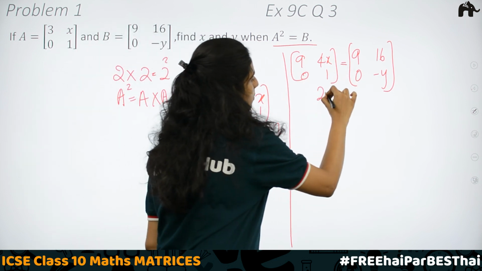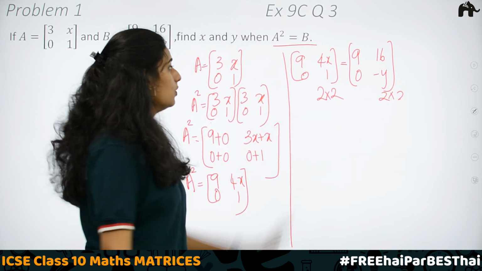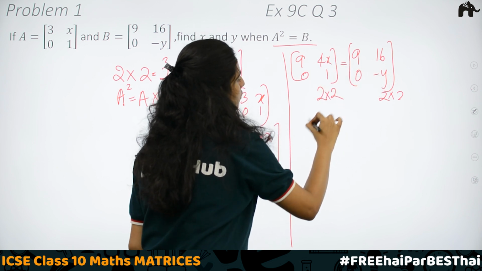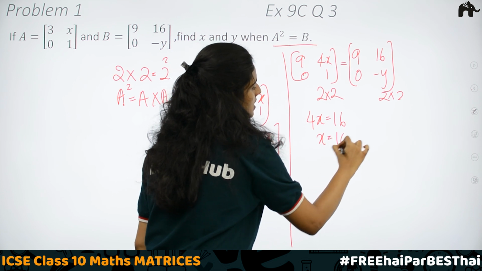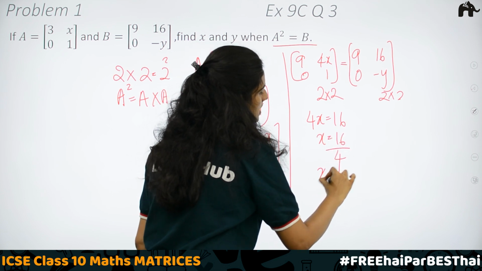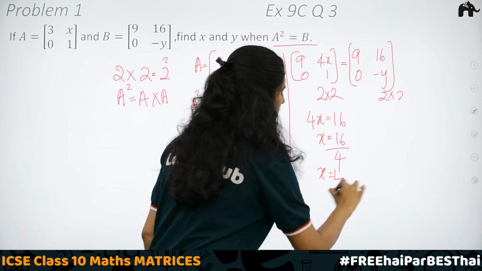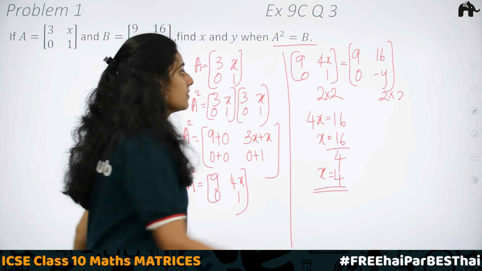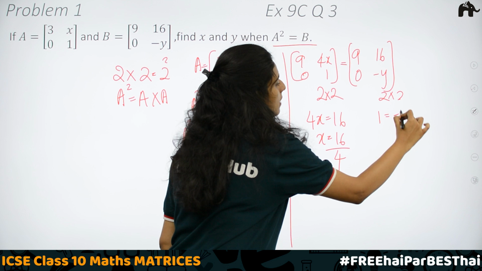This is a 2 by 2 matrix and this is also a 2 by 2 matrix, therefore they can be equal. Now take the second elements. We have 4x is equal to 16, which means x is equal to 16 divided by 4, which is 4. We got x is equal to 4. Now, to find y, take the fourth element: 1 is equal to minus y.